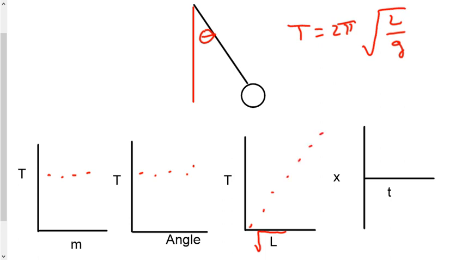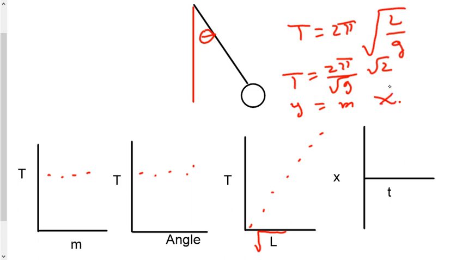Okay, so then, what would the slope of this line look like? Well, if we rearrange this equation, this is really period is equal to 2 pi times 1 over the square root of G times the square root of L. Okay, and so we're in the equation y is equal to mx.